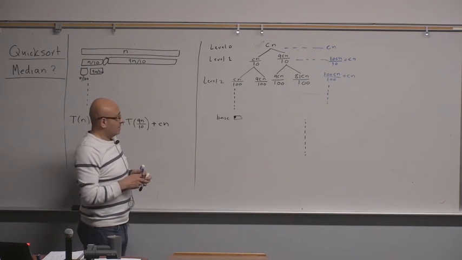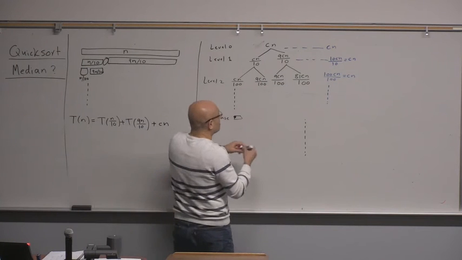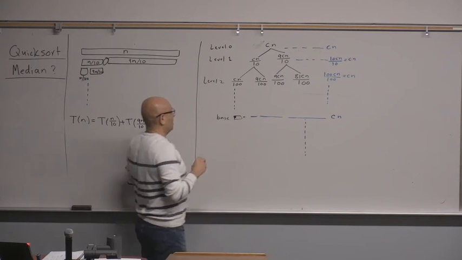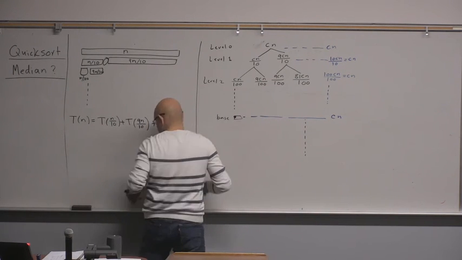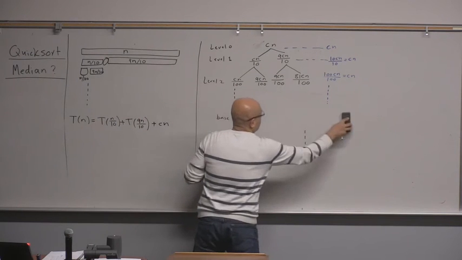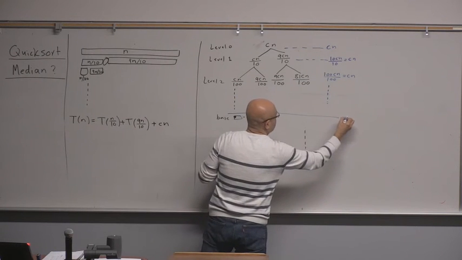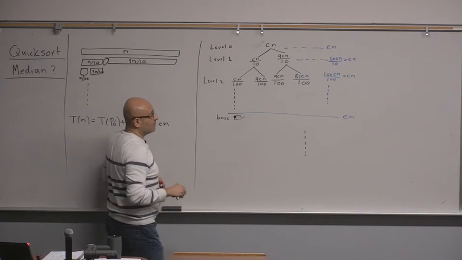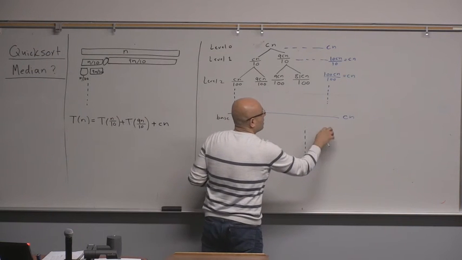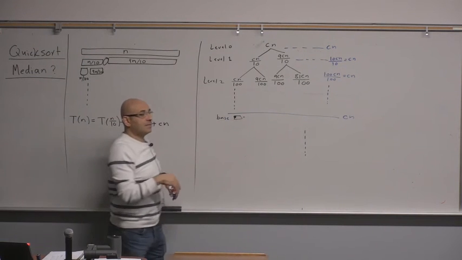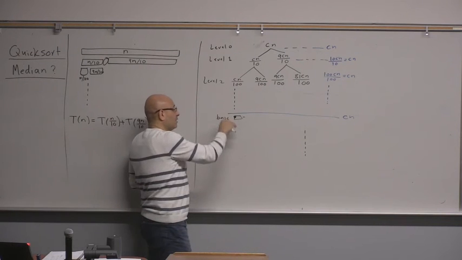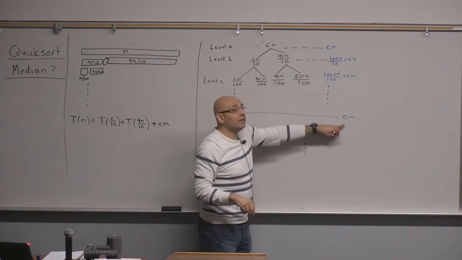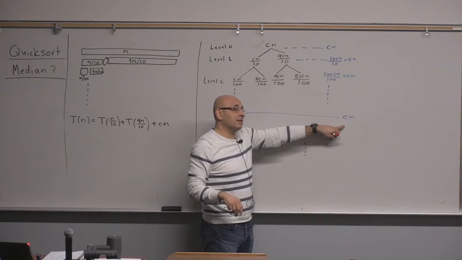Now, given this, as long as all of them are there, before the base, we will get Cn. Then after one of them disappears, what will the value be? What can we say about the sum of costs at those levels after this level, when this reaches its base case? Will the value be less than Cn or greater than Cn?